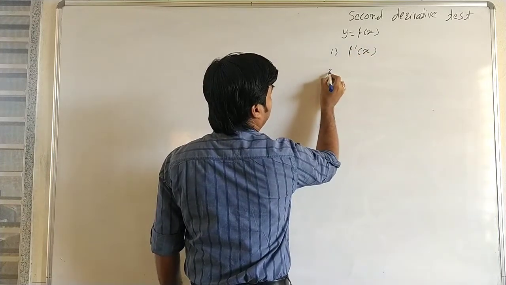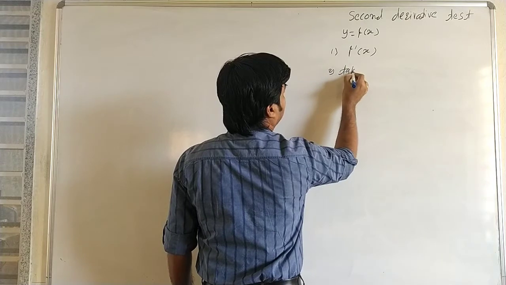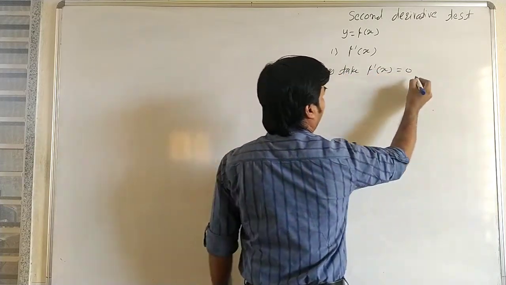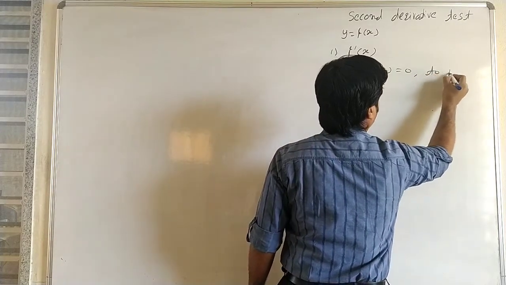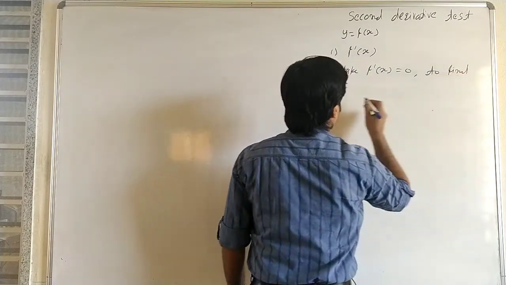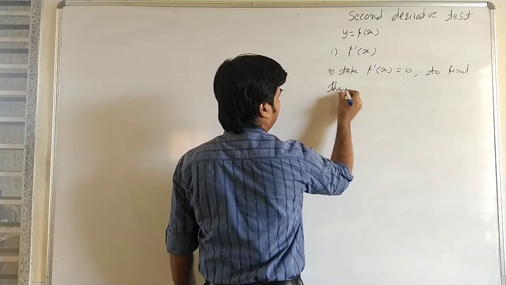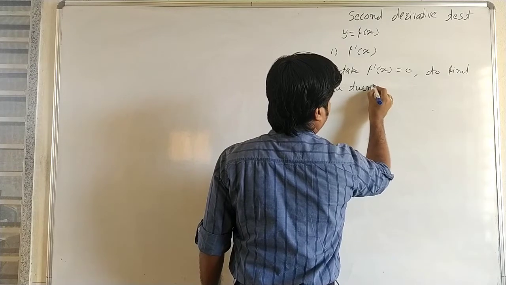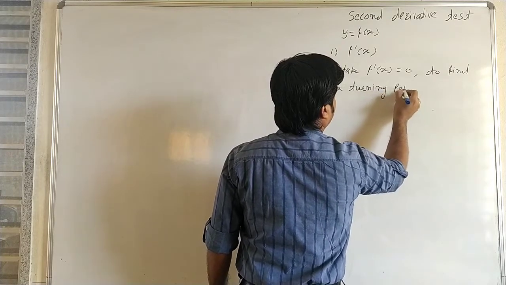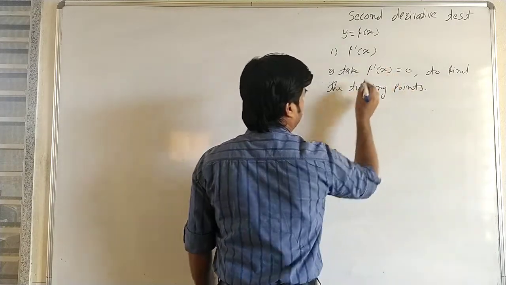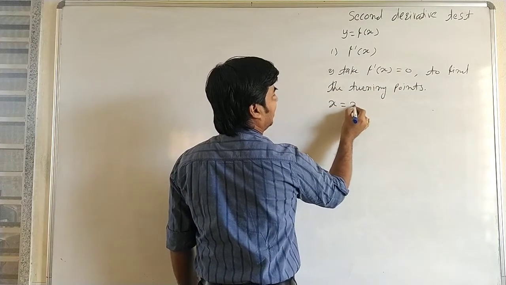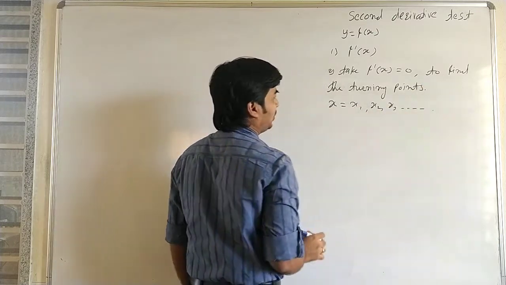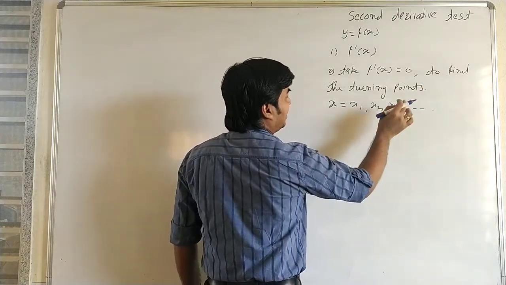Then second step, take f dash of x equal to 0 to find the turning points. That is, the values of x, the turning points, are x1, x2, x3, like that.